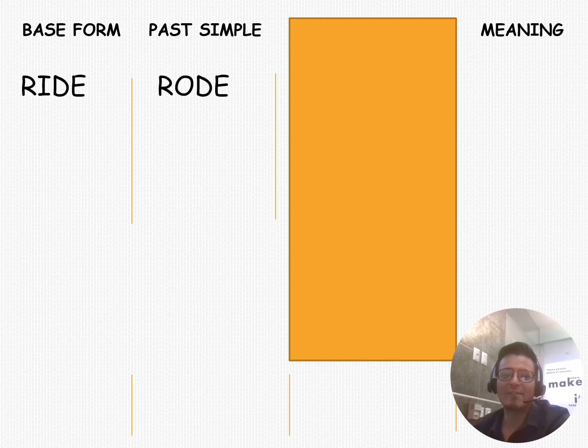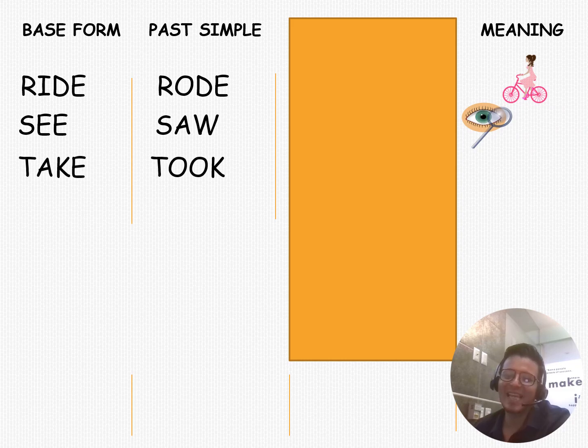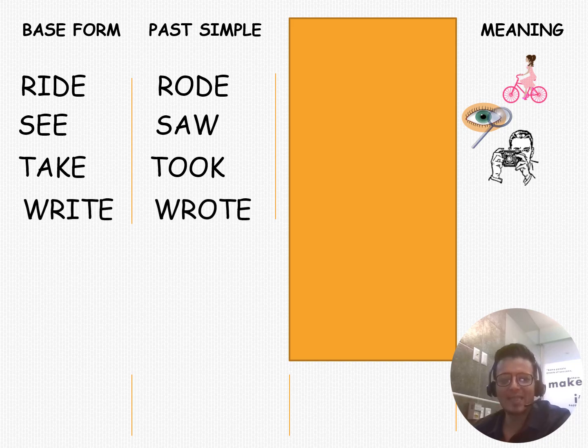And then we have ride, rode, and in participle, ridden. See, saw, seen. Take, took, taken, of course. Write, wrote, written.